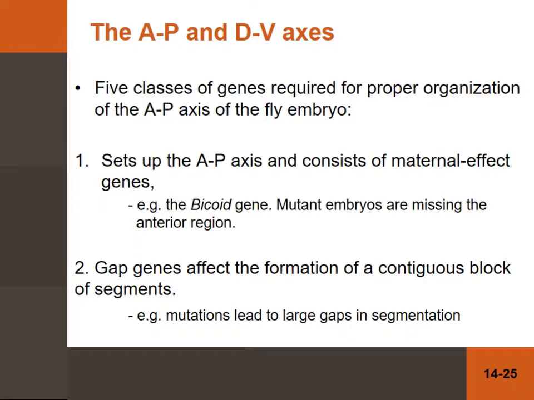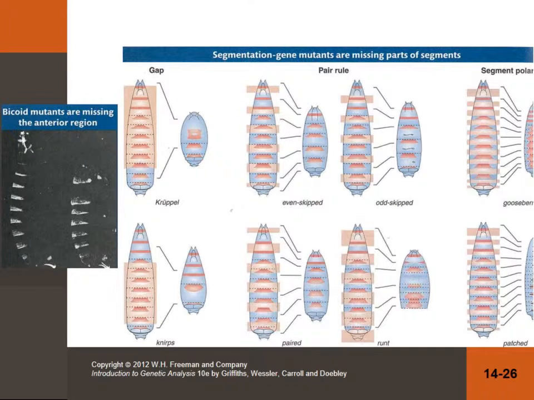The second class of genes included the gap genes, and gap genes affect the formation of a whole block of segments within the embryo. So, for example, mutations lead to large gaps in segmentation. Let's look at those on the next slide.